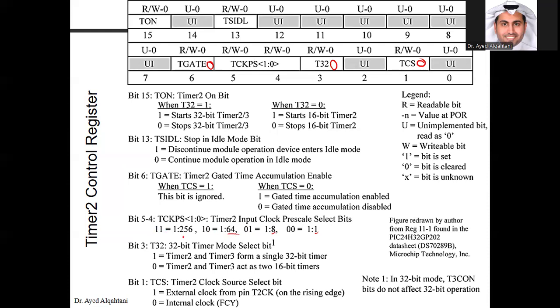If it is 1, 1, then the prescaler is going to be 256. And you can also see them as binary values, or you get their decimal. So this will be 0, this will be 1, here we will have 2, and here we will have 3. So it's based on your choice. You will have the setup for this prescale value.